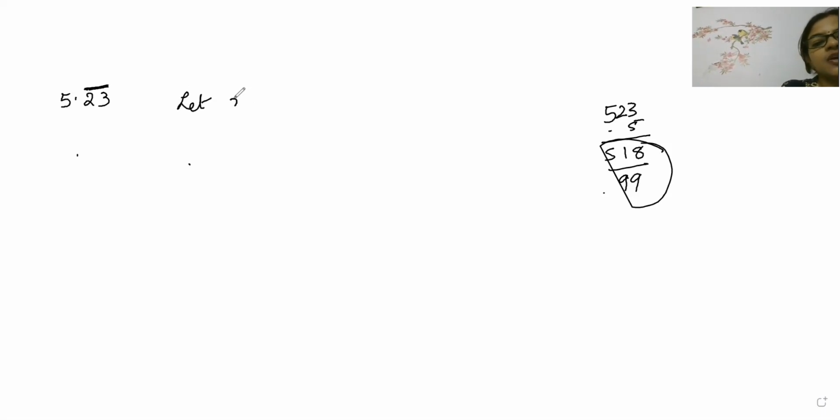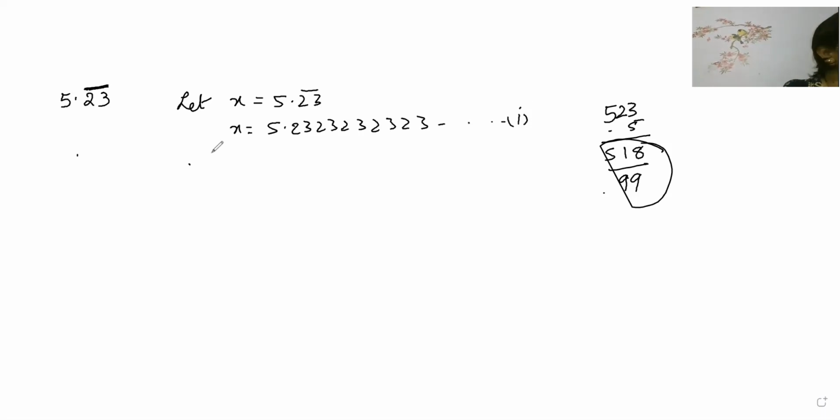So let x is equal to 5.23 bar. That means x is equal to 5.2323232323 and so on. Now beta, this one we will take it as equation 1. Then multiply both sides. So it will become 523.232323 and so on, equation 2.